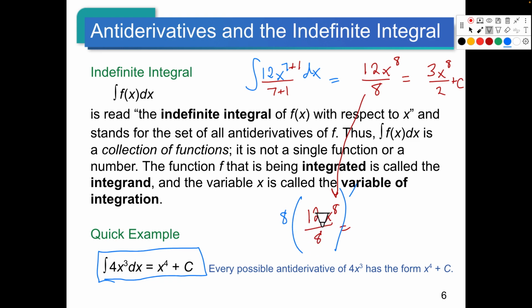What's the next thing we do? Subtract 1. Okay, so speak slow enough and somebody will catch up. So subtract 1 from the exponent. Watch what happens: 8 divided by 8, they cancel. We get 12, 8 minus 1, x to the 7th. Isn't this what you gave me, right?